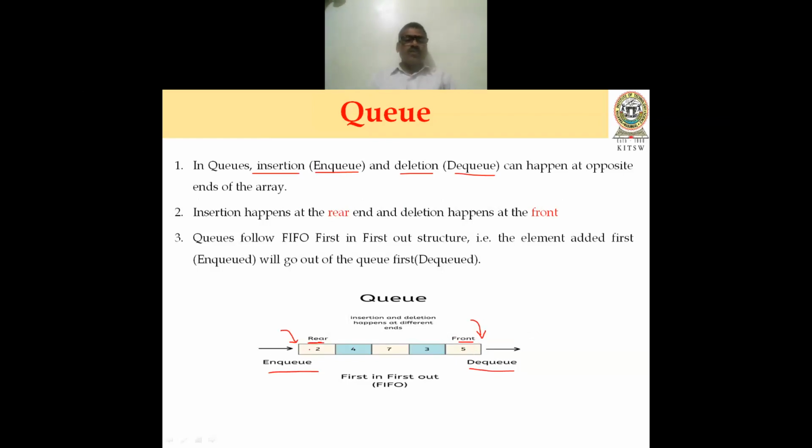Fine. So a queue always follows FIFO, first in first out order. That is, the element which is entered first into the array is the element which will be dequeued or removed first from the array. That is the reason the queue is called a first in first out data structure. Whereas a stack is called a last in first out data structure, LIFO.